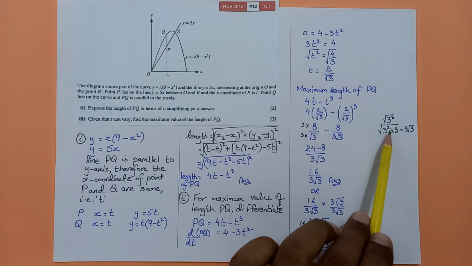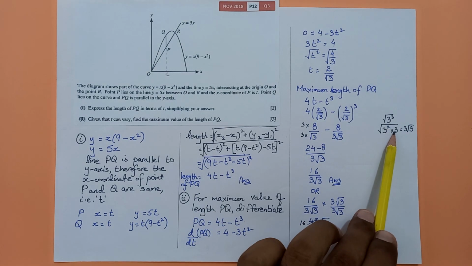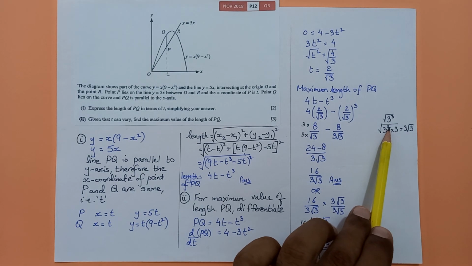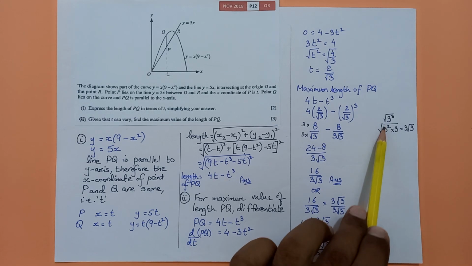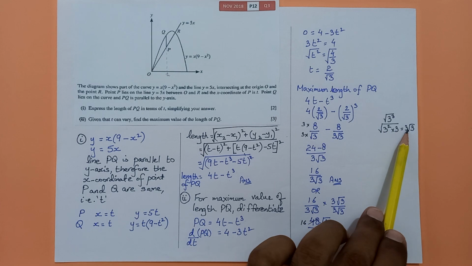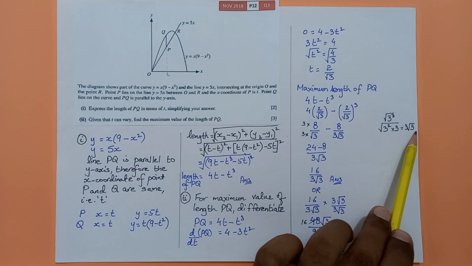We can simplify it by converting this 3 cube into 3 square into 3, and this 3 square will be a proper square, 9, which comes out as 3, and the other 3 is left inside the root. Finally, root 3 cube is equal to 3 root 3.